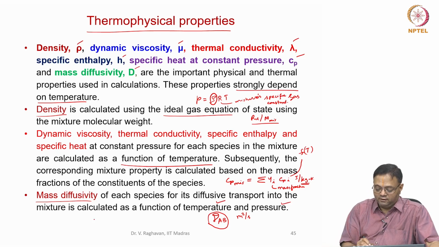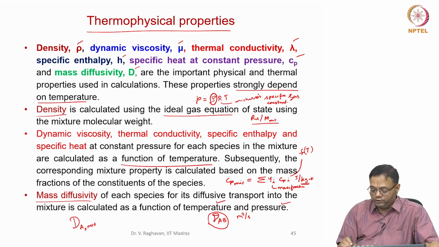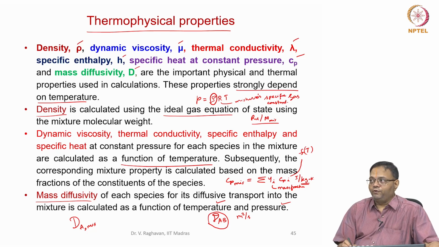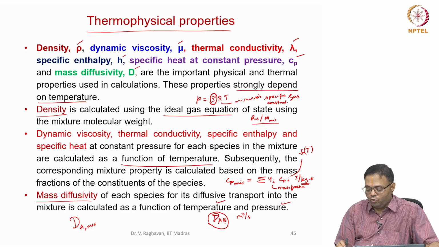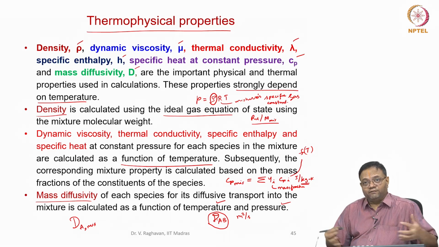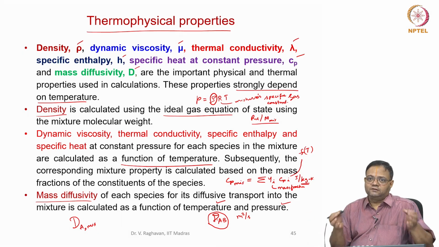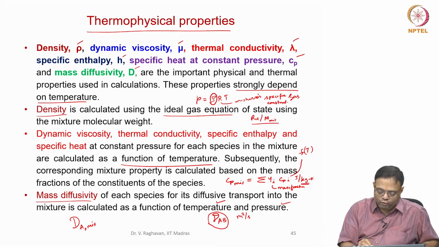Once that is done, then D of A into the mixture can be calculated using these individual values. For example, there is a certain rate at which component A goes into component B, but when several components are present, there is a certain rate at which component A will go into the mixture itself.